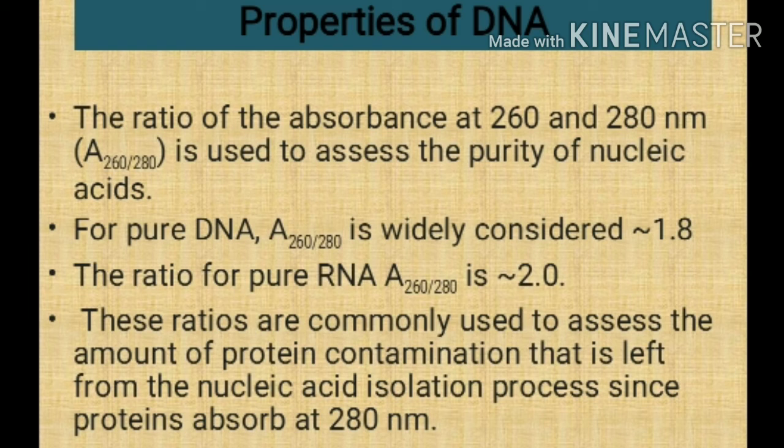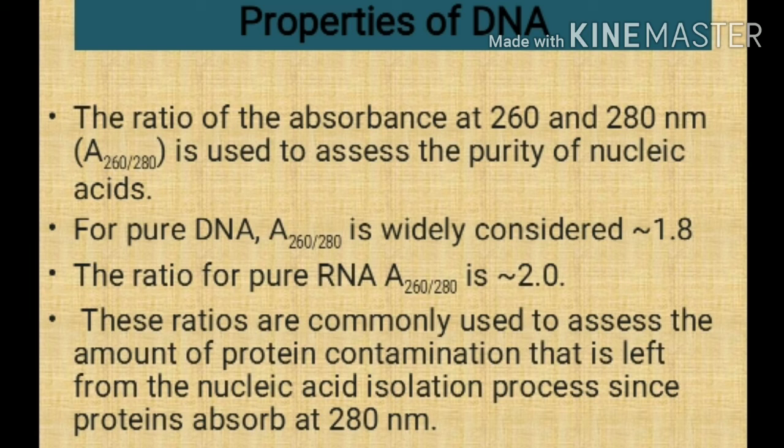This ratio is used to determine whether the isolated DNA from cells is pure or impure, containing protein contamination or phenol contamination, using the absorbance ratio of A260 and A280.